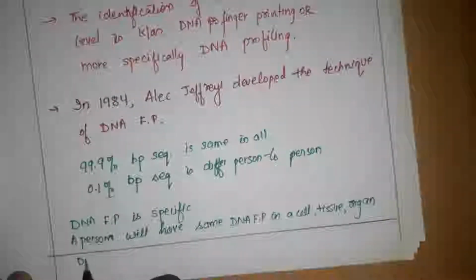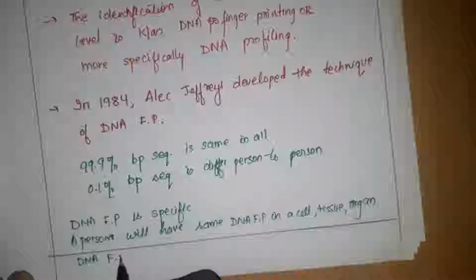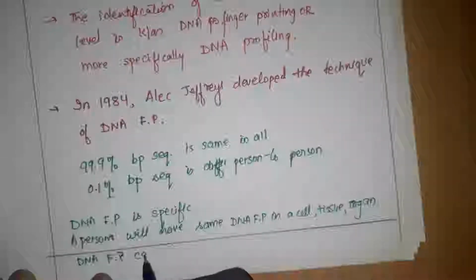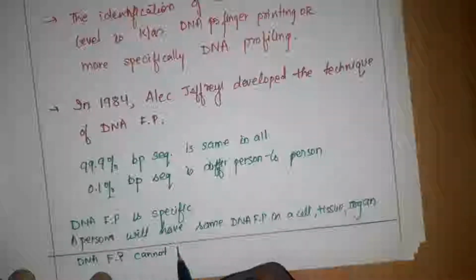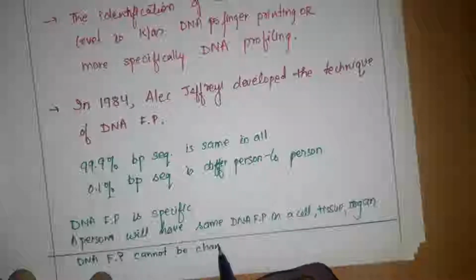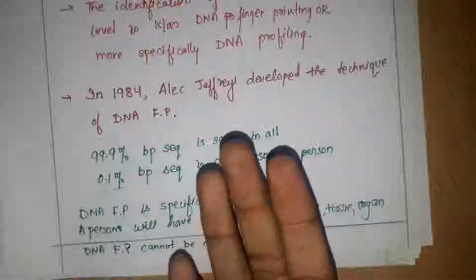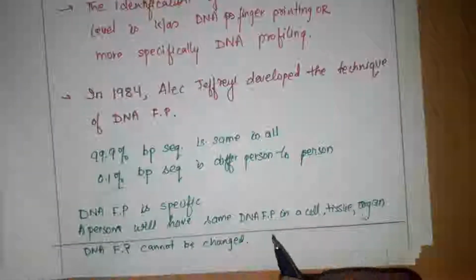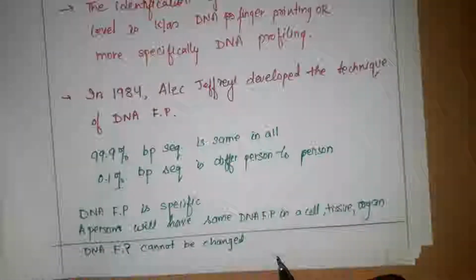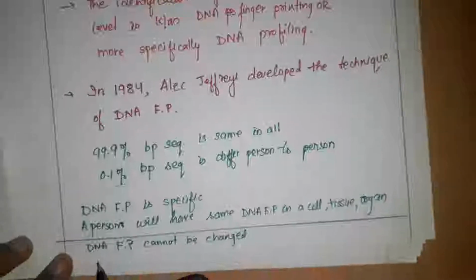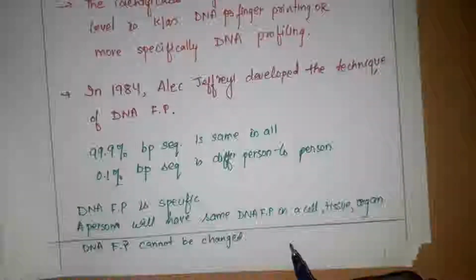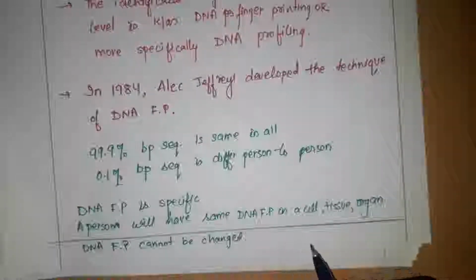And this DNA fingerprinting cannot be changed by any method. Like our hand fingerprints, which can be changed by some methods, some techniques, but this DNA fingerprinting, at any cost, will not change.